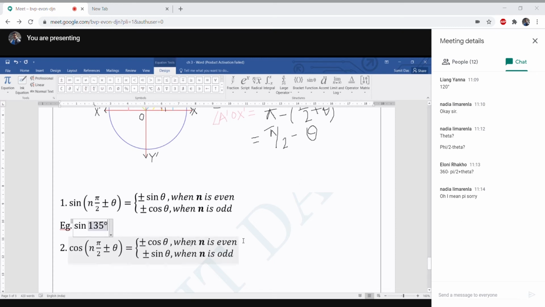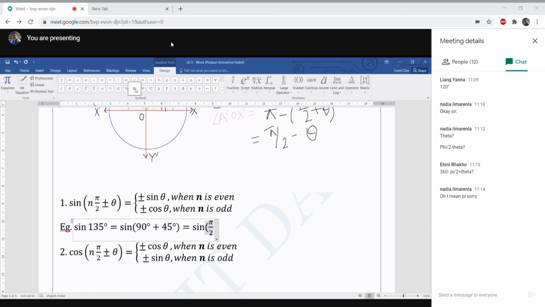We can write 135 degree as 90 degree plus 45 degree. So sine 90 degree we can write pi by 2 plus 45 degree.